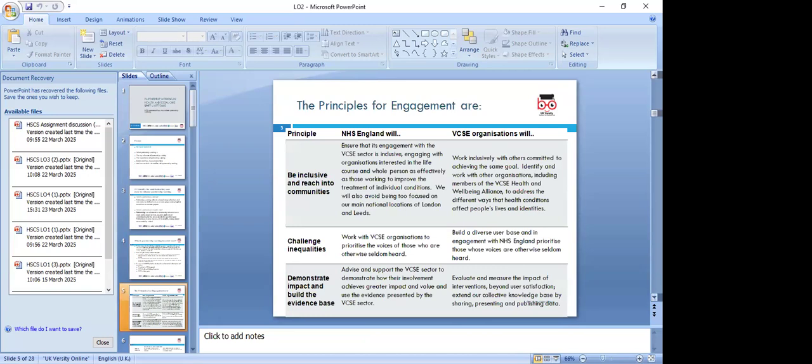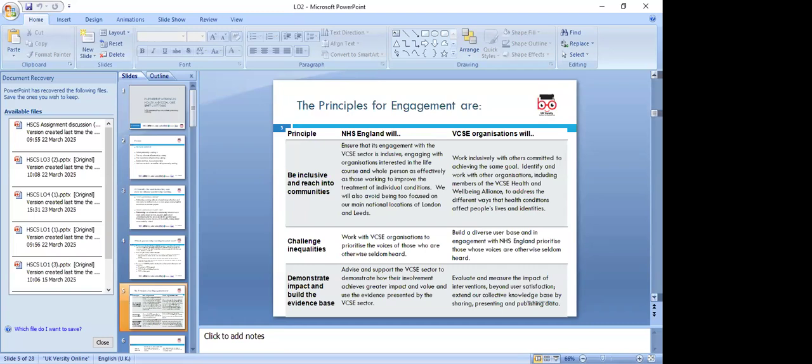You ensure that engagement with the VCSE sector is inclusive, engaging with organizations interested in the life course and the whole person as effectively as those working to improve the treatment of individual conditions.